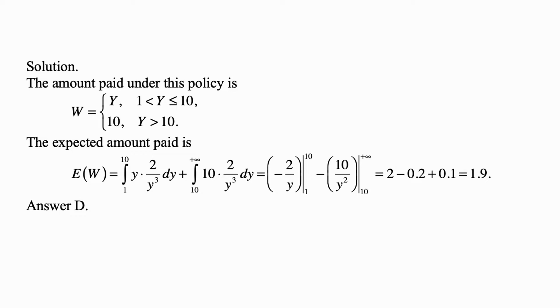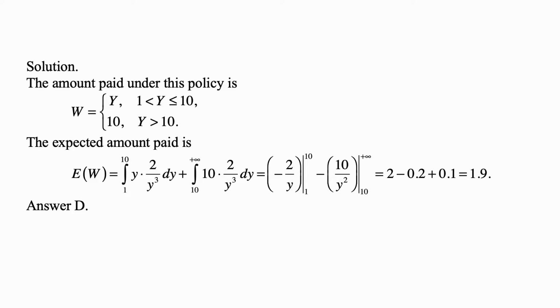Okay, so the first expression is really the integral of 2 over y squared, and the integral of that is minus 2 over y, and we evaluate from 1 to 10. And then the second expression, the integral of that is 10 over y squared, well, minus that, really, but I put the minus in front of the whole expression.